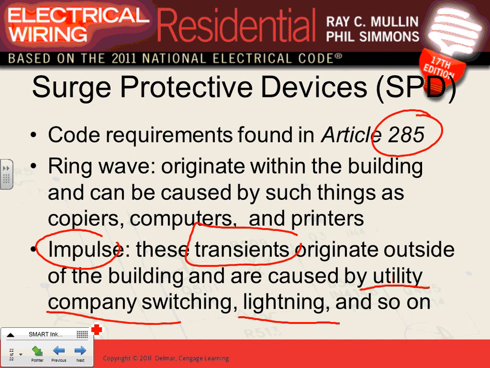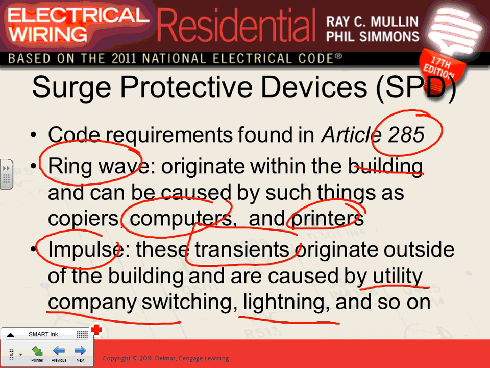So that's what they call the impulse. The other one, they call it a wave. Again, that little wave that goes up and down. This is generated inside your building by your printers and computers and other things. Polluters, basically. All these are polluters, and they're polluting your signal and giving a spike into your voltage that could kill.